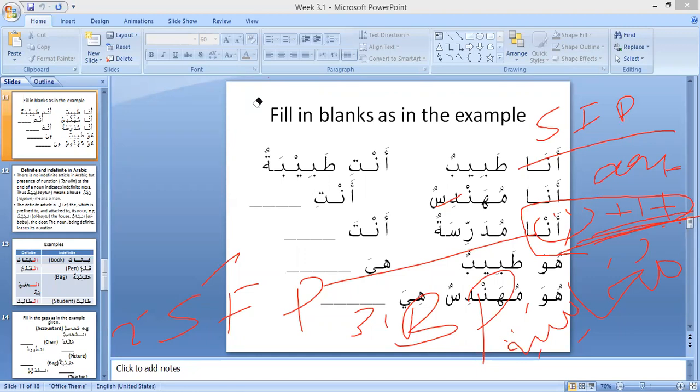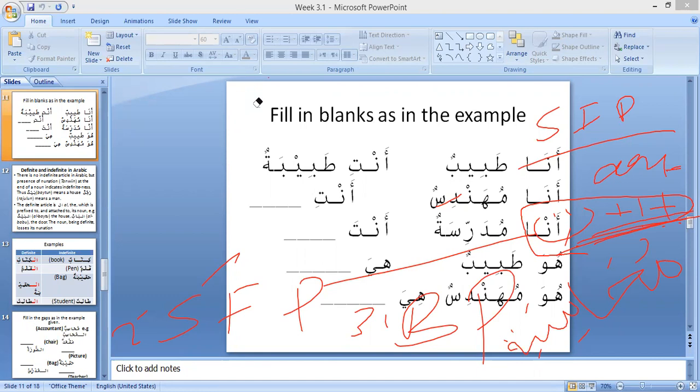Halima. How do you turn Halima into dual? Halimatan. Yes. And plural? Halimat. That is it. So you can put your names into dual. If you are Muhammad, you say Muhammadan.